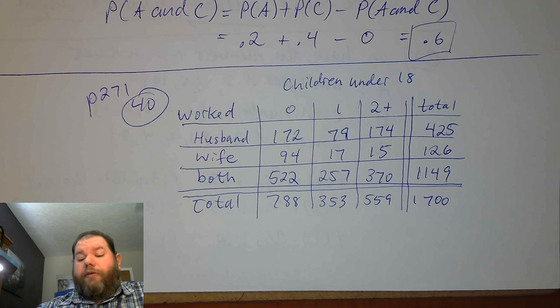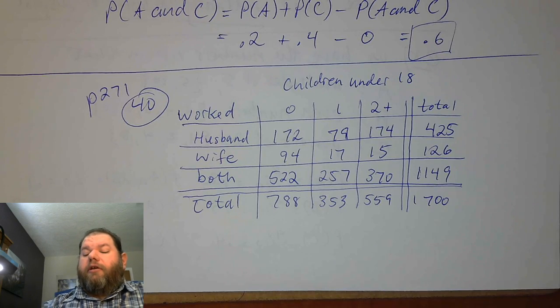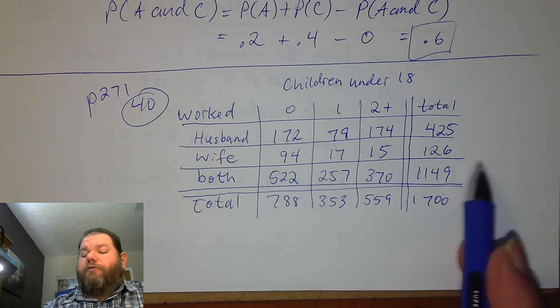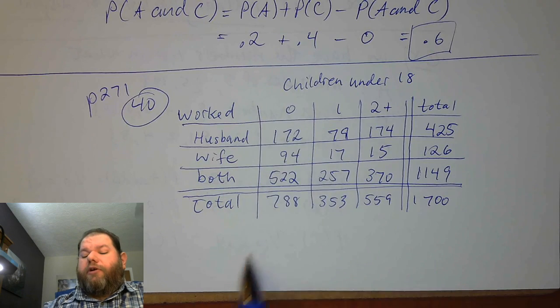This is whether the husband or the wife or both work in different situations where they have 0 children, 1, or 2 or more. And then again, we have the total for each row and for each column.